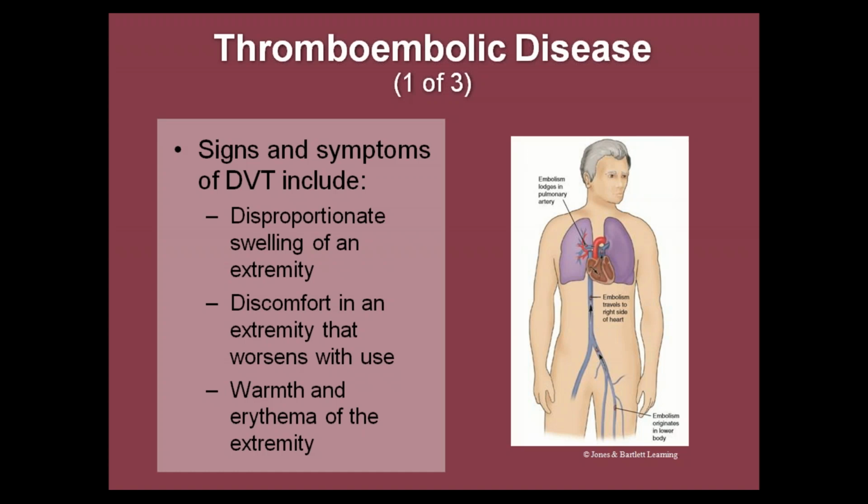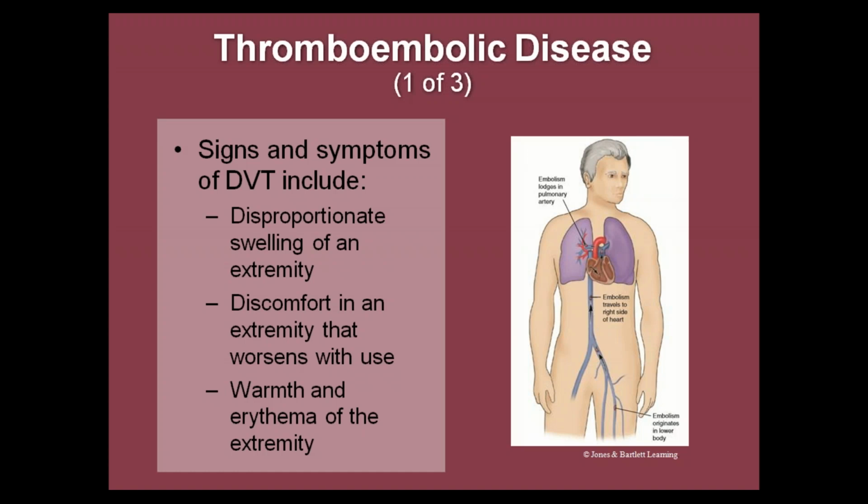That extremity is not only going to be swollen, but it should be red and swollen. It's going to look possibly flushed, and it's going to be very warm, because you're getting that backup. The circulation is affected.